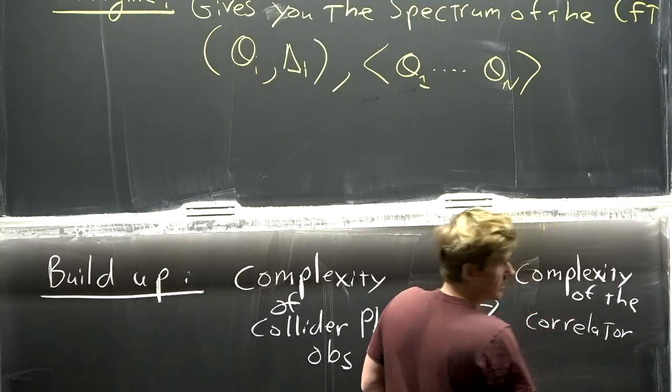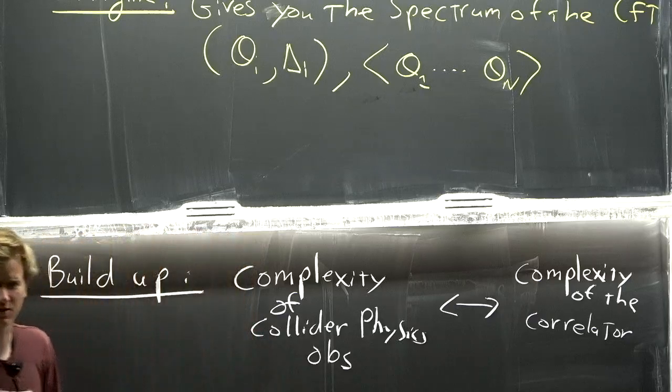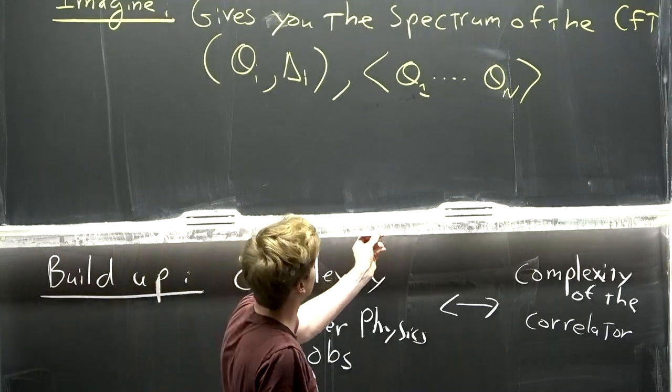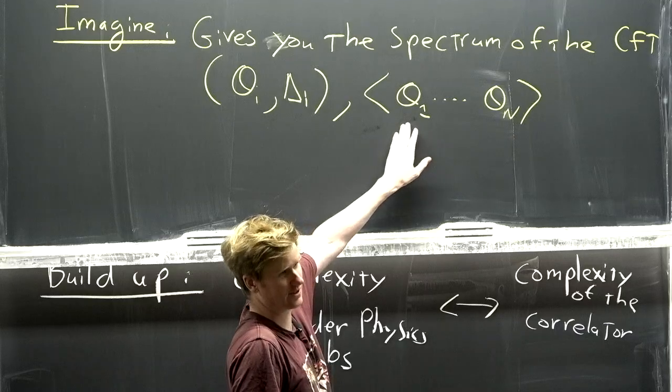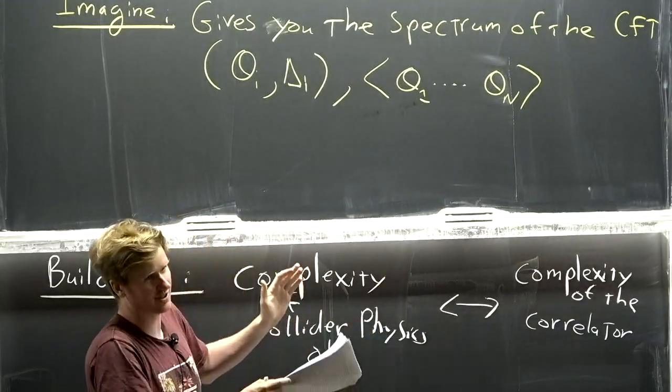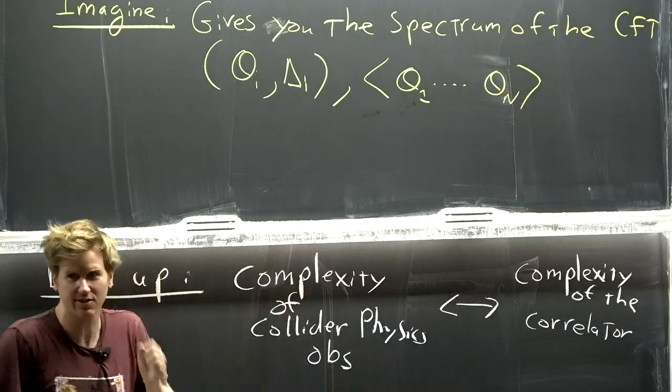This will also organize our thinking of what kind of observables are interesting. For example, if you look in Peskin and Schroeder, you typically don't start with a 100-point correlation function. You start with very simple correlation functions, like 2-point, 3-point, 4-point, et cetera, and build up.